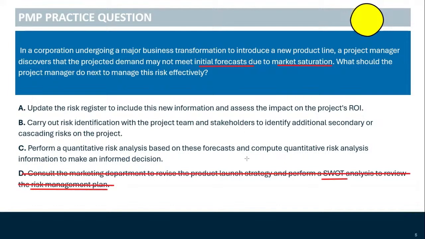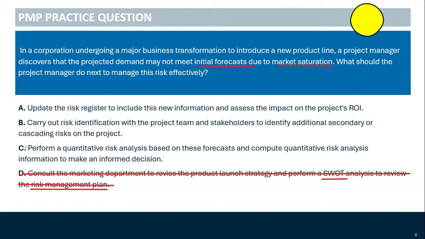Let's go to C. Perform a quantitative risk analysis based on these forecasts and compute quantitative risk analysis information. Well, first and foremost, we've found a risk. We're not going to jump straight into a quantitative risk analysis, and we're not going to immediately compute quantitative risk analysis information.